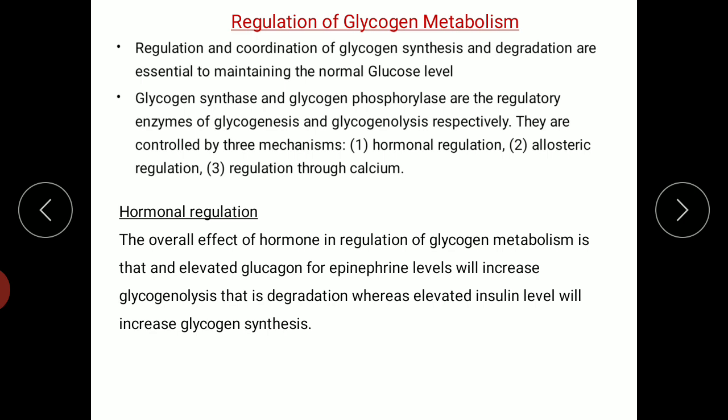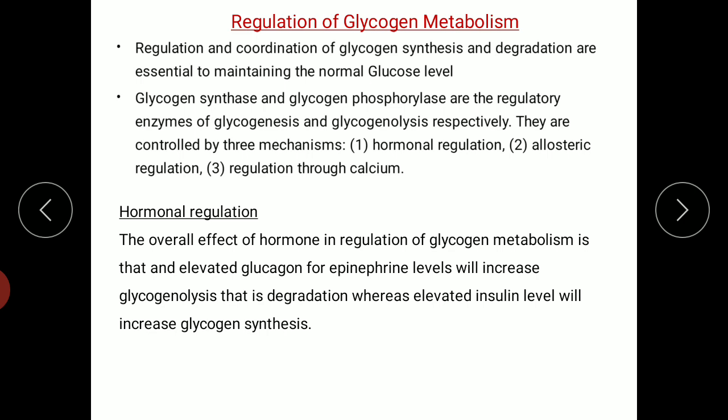Glucagon is having an opposite action to insulin. You have already seen in HAP and all, glucagon and insulin act in opposite directions. Insulin will reduce blood glucose level, glucagon will increase blood glucose level. Now when glucagon is released, the stored glycogen is depleted through glycogenolysis to release more glucose.